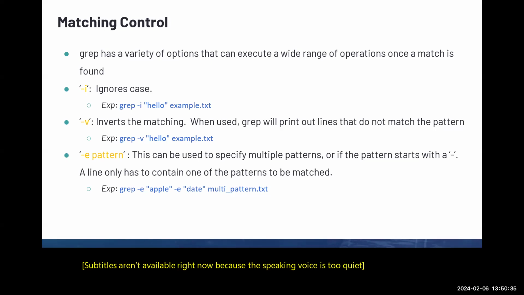Another option is -e, followed by the pattern. This can be used to specify multiple patterns, or if the pattern starts with a dash. A line only has to contain one of the patterns to be matched. For example, if we type grep -e apple -e date multi-pattern, we are looking in the multi-pattern file for every line that contains apple or date.